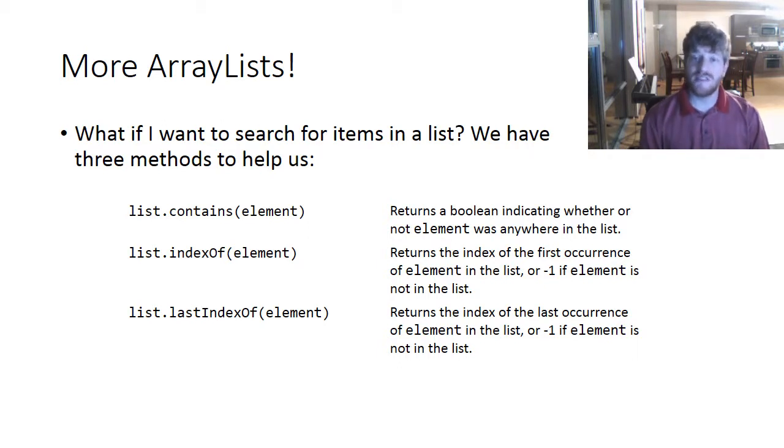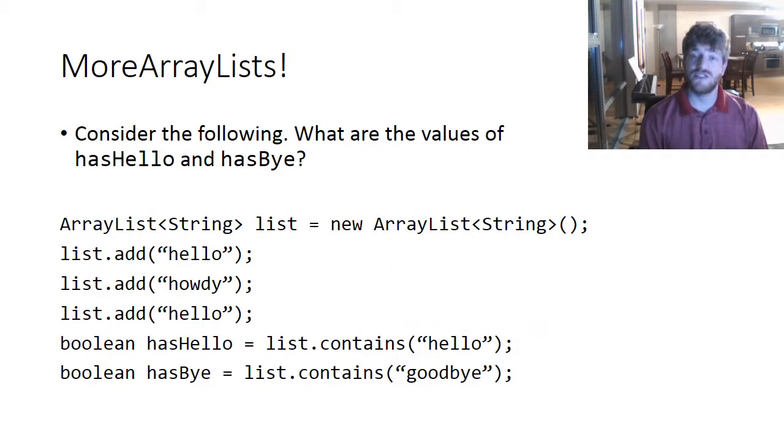So these are pretty self-explanatory methods, but let's go through a couple of examples. I've set up a list here called list. It is an array list of strings, and I've added 3 elements. I also have 2 Booleans here, and I want you to take a minute and figure out what the values of those Booleans are after this block has finished executing.